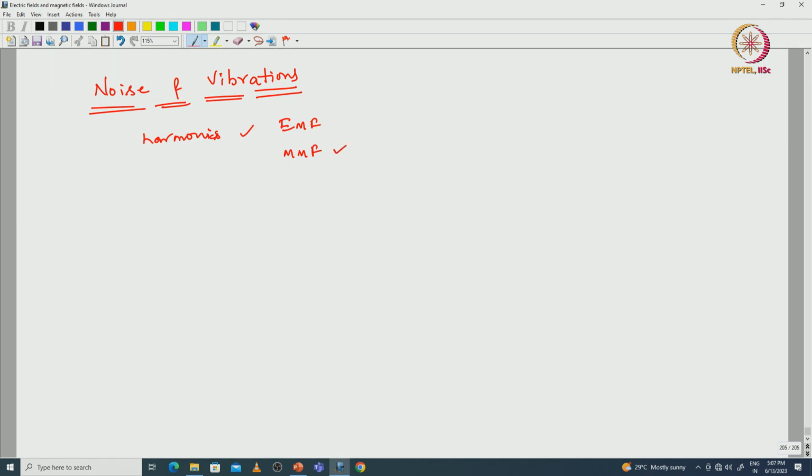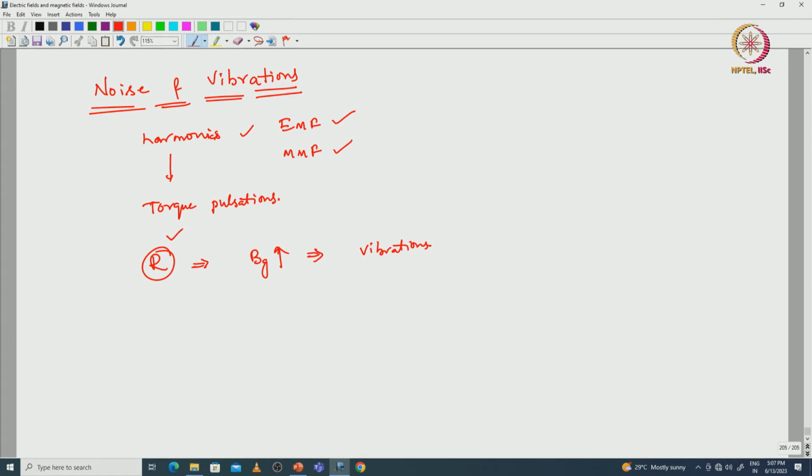The harmonics with respect to the MMF and the EMF are responsible for the noise and vibrations, especially spatial harmonics, which are the dominant ones, and these harmonics will result in torque pulsations or ripples. These torque pulsations or ripples will result in noise and vibrations. On the other side, the rapid variations or dominant changes in reluctance will result in rapid variation of the B fields. This variation in B fields will result in some vibrations.